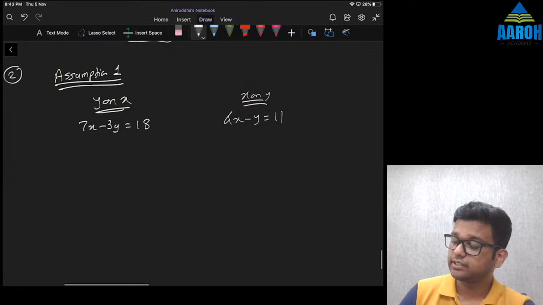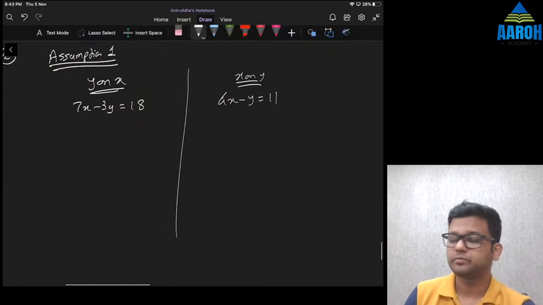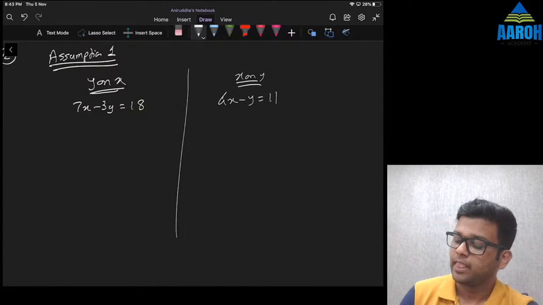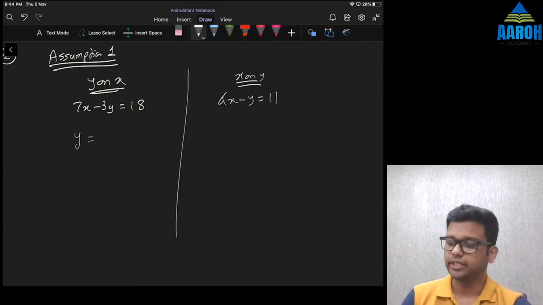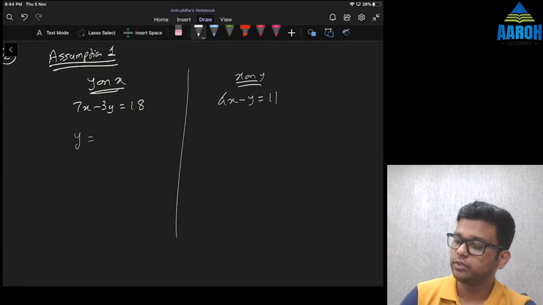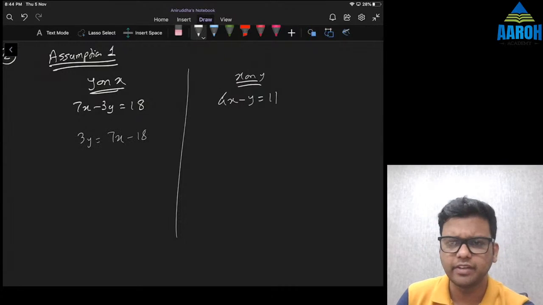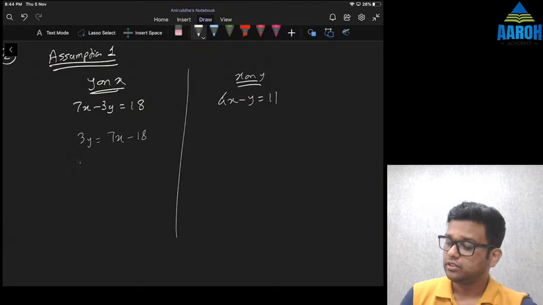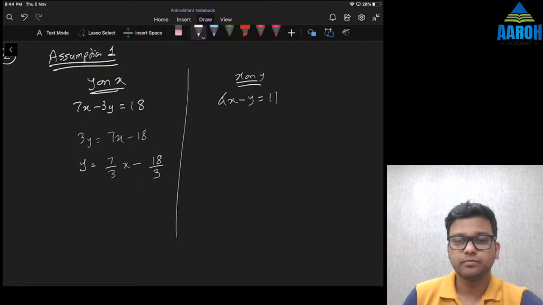How do we check whether this is correct now? Understand? If this is y on x, let's bring it into standard form, y is equal to something. So 3y is equal to 7x minus 18. So y will be equal to 7 by 3 x minus 18 by 3.